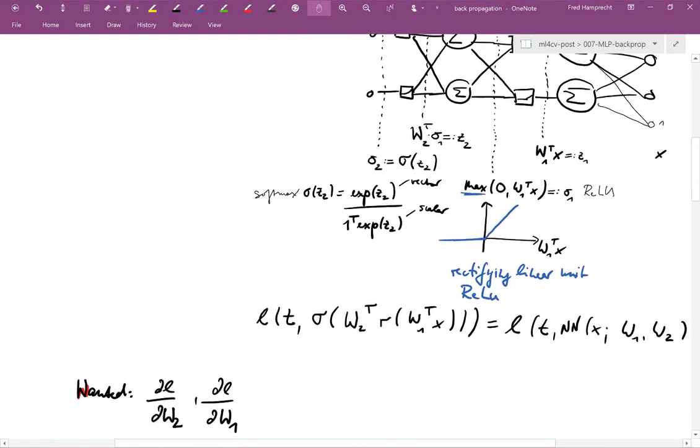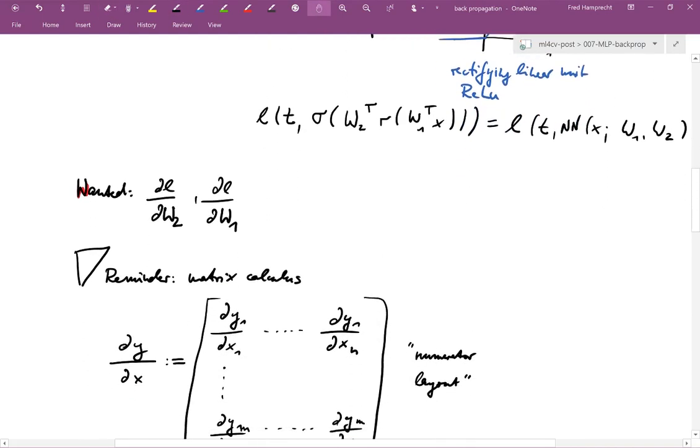Now to do the gradient descent, I want to find this derivative of my loss with respect to these different sets of parameters, W1 and W2. And this is a set of nested functions, and if I want to differentiate here with respect to W1, for instance, I need to apply the chain rule.